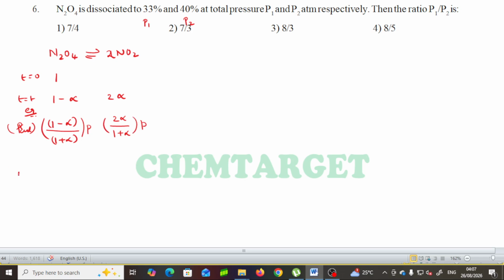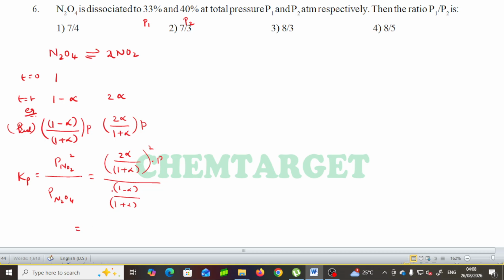Now let us write the equilibrium constant Kp. Kp is going to be partial pressure of NO2 squared over partial pressure of N2O4. If you substitute the above values, it is (2 alpha by 1 plus alpha) squared into P by (1 minus alpha) by (1 plus alpha).